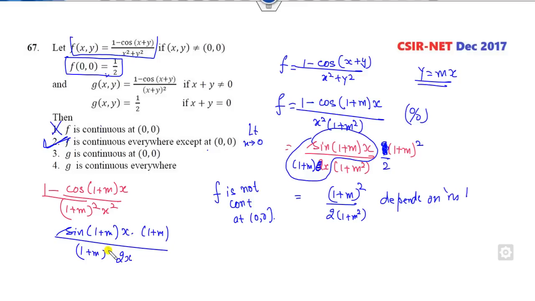This m and this m cancel out. The rest of the part will be half, and you can see this value is half. So it means the function is continuous at 0, 0, and apart from 0, 0 the function is continuous everywhere. So this is also the right answer. So the right answers are the second, third and fourth options.